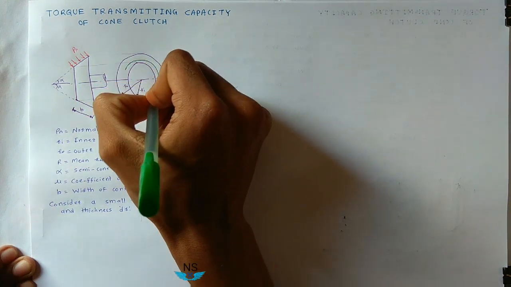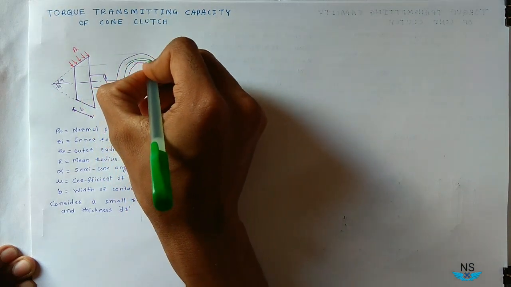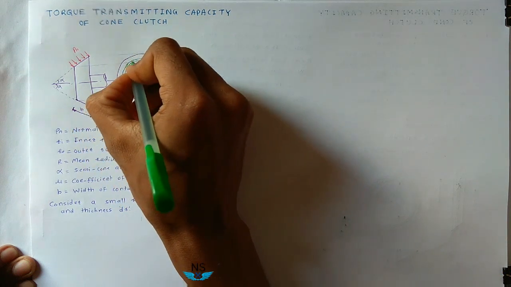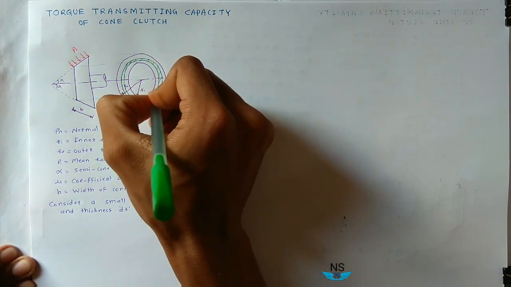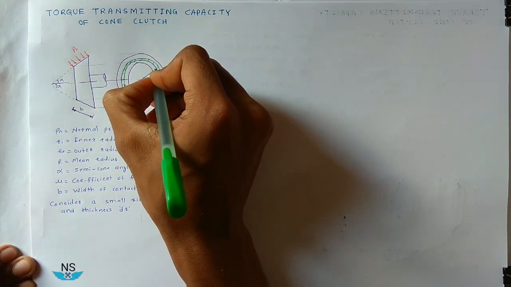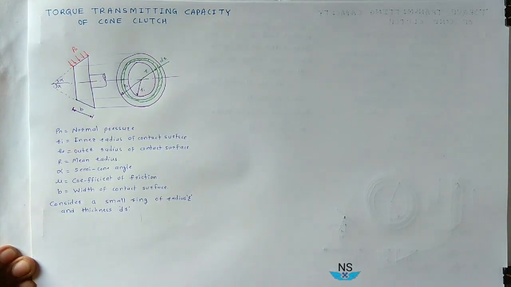This is the ring of radius R and thickness of this ring is dr. The radius of this ring is R and thickness of this ring is dr.